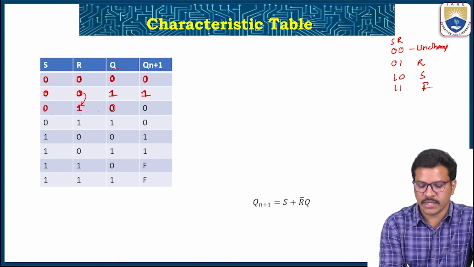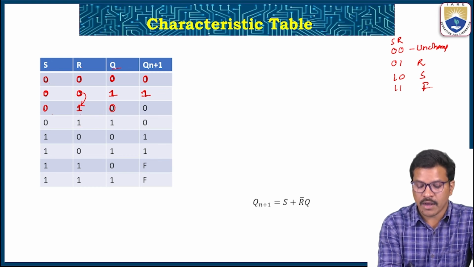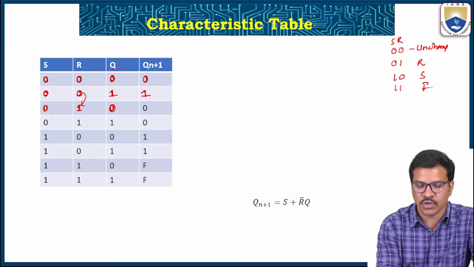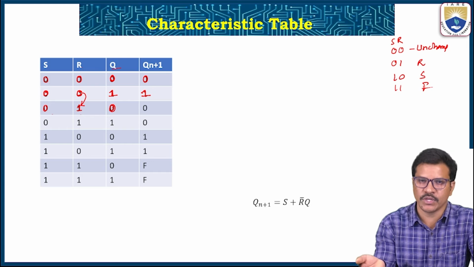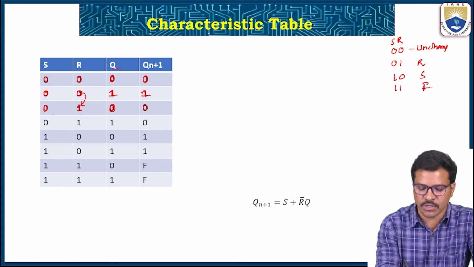So 0 1 means the next state will be reset. Reset means logic 0. If it is initially 0, it remains reset at 0, and if the present state is 1, it will be reset to 0.